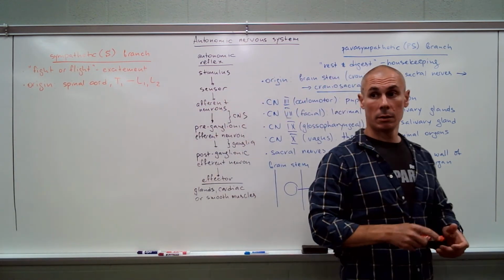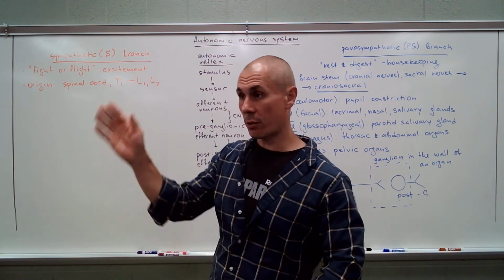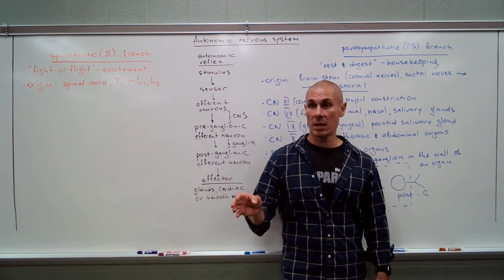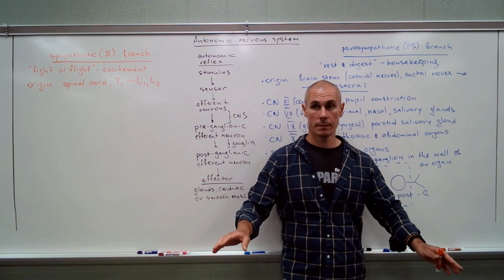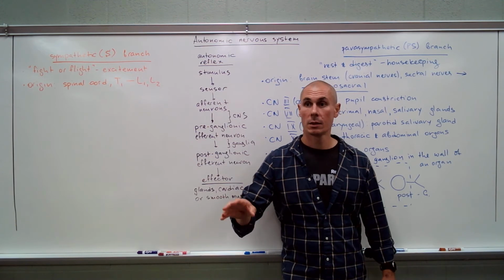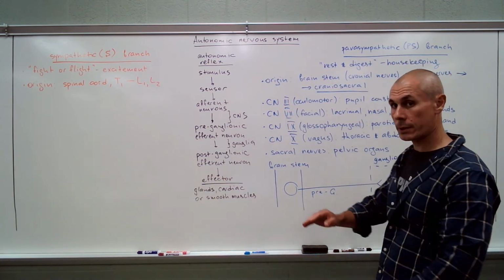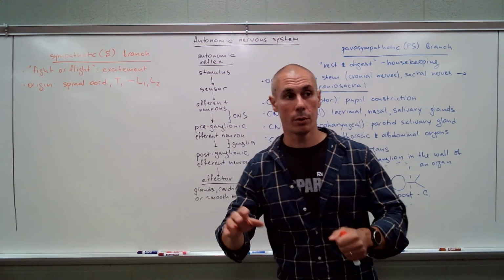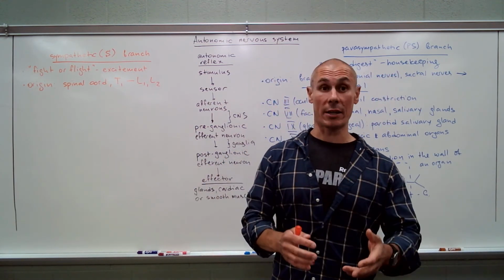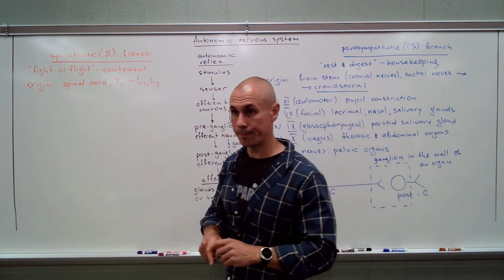So basically, all thoracic spinal nerves and a couple of lumbar ones carry sympathetic fibers. Does that make sense? We're good? Now, I'm going to talk about this part first, and then I will show you some anatomical differences which imply significant physiological differences between the two systems. Okay, we're good?